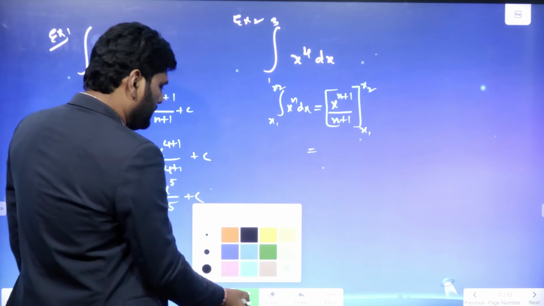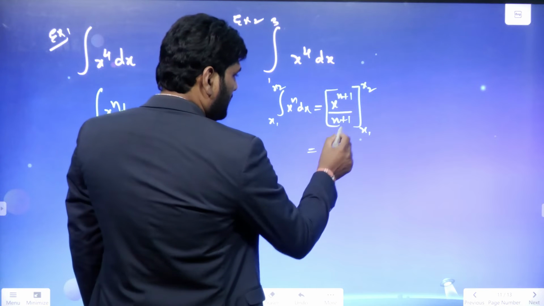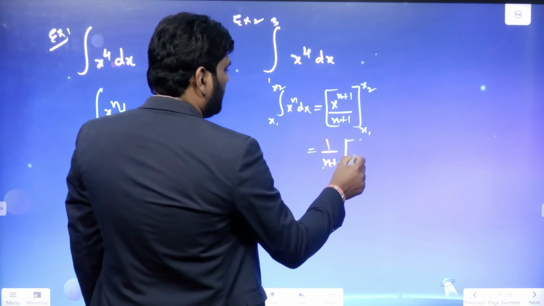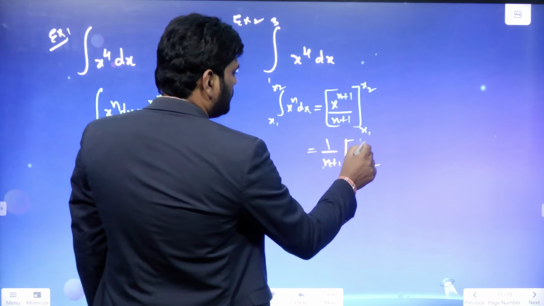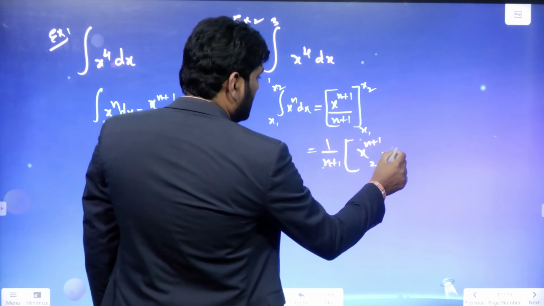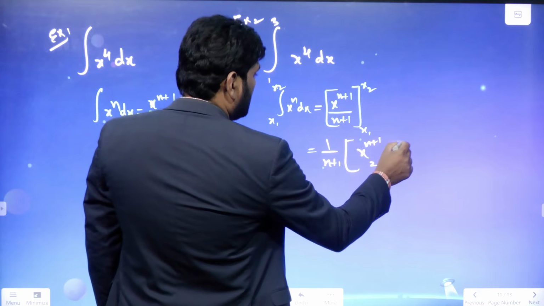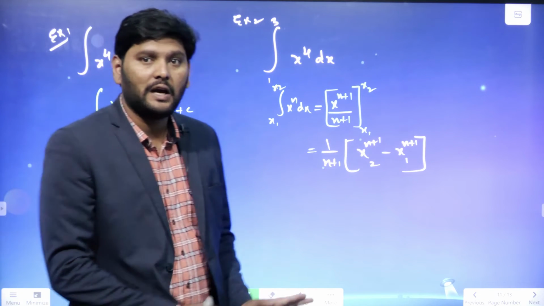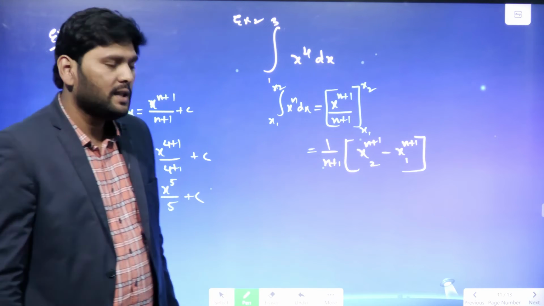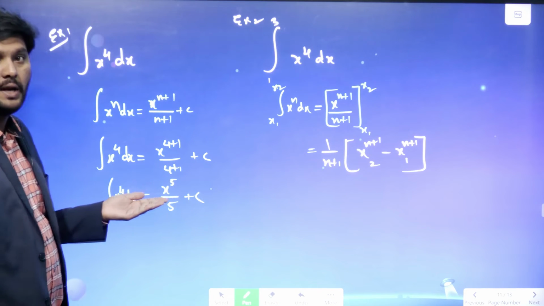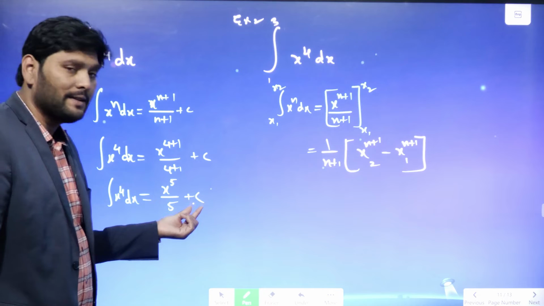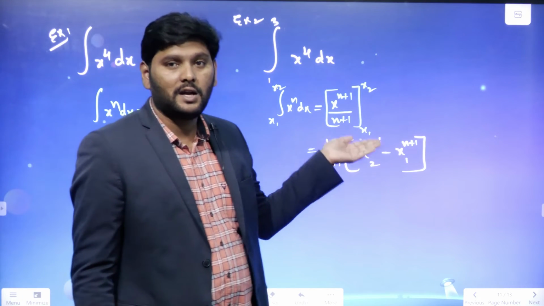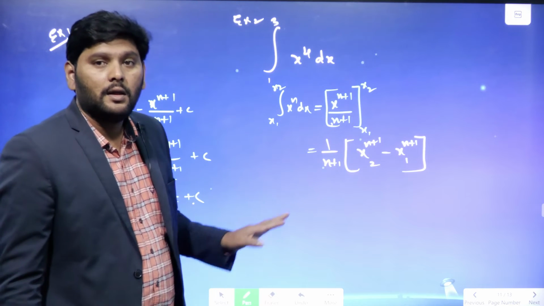You can take n plus 1 outside. First apply the upper limit, x2 power n plus 1, minus the lower limit x1 power n plus 1. This is the way you must apply the limits after having the integration. Here there is no adding of the constant, you just need to apply the limits.